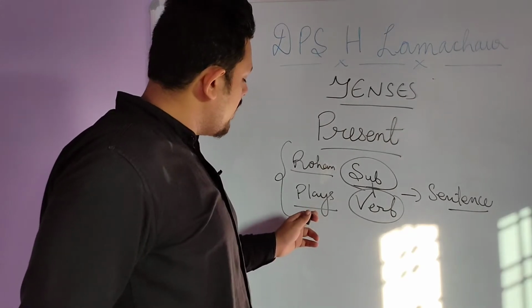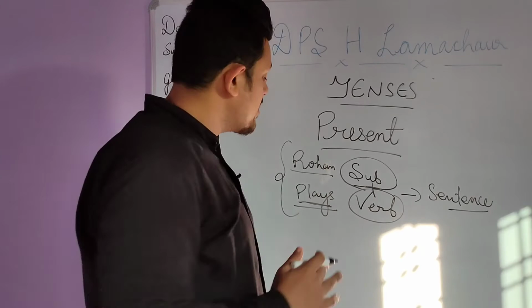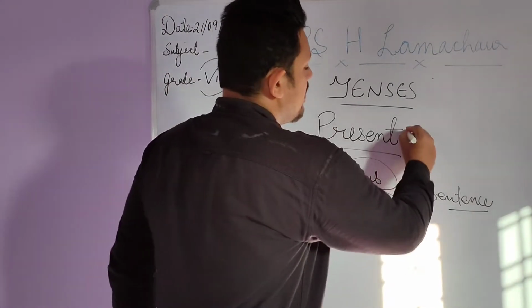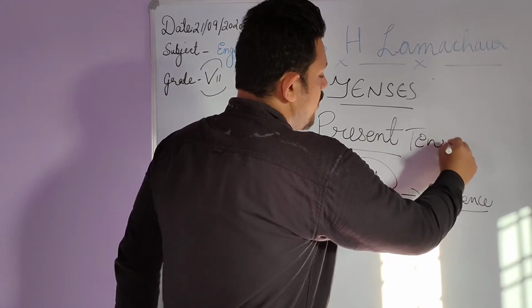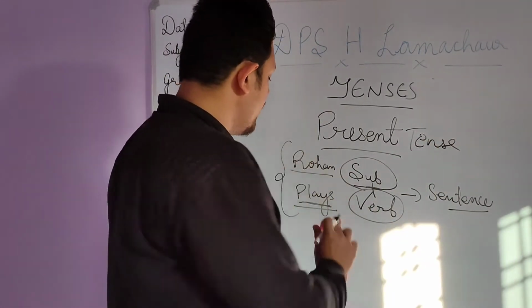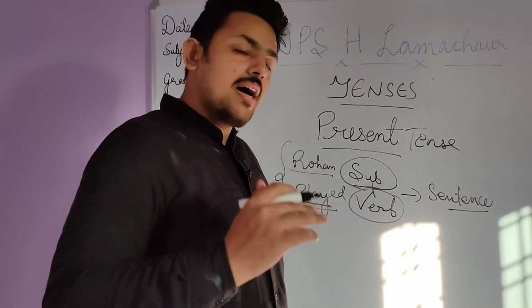So here we have Rohan plays. The action is happening in the present time, so it is the present tense. If we had said Rohan played, it would have been in the past.